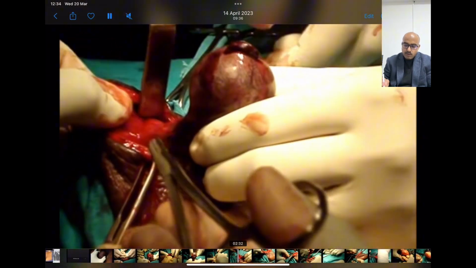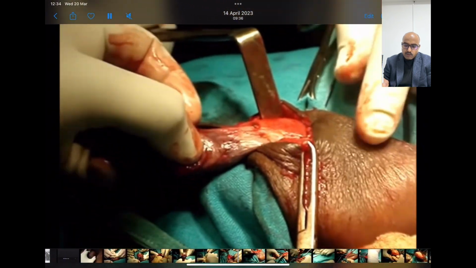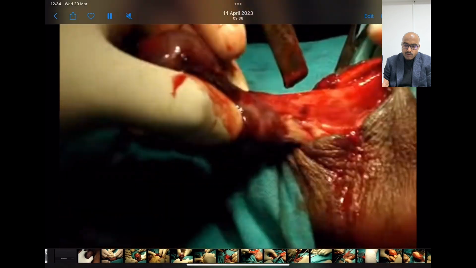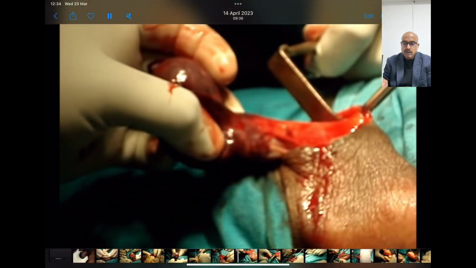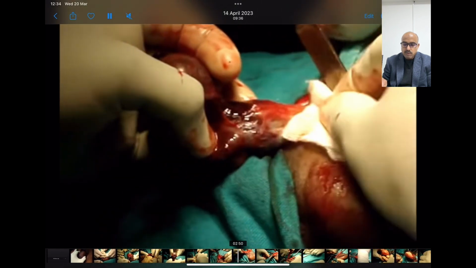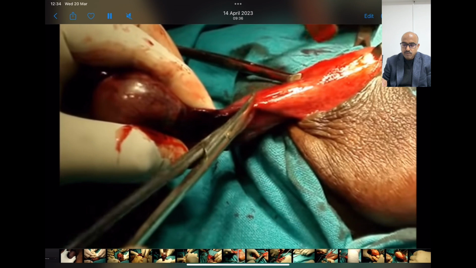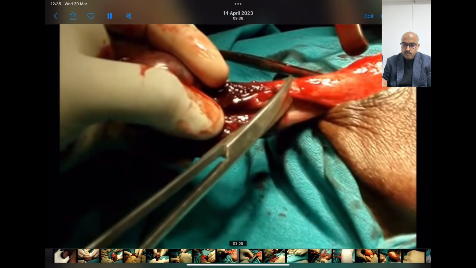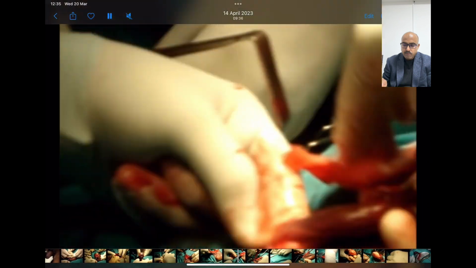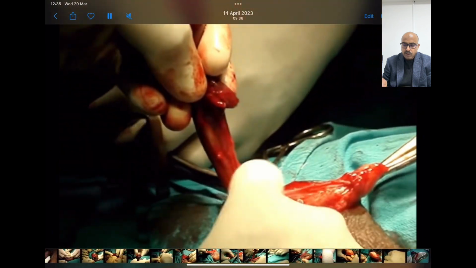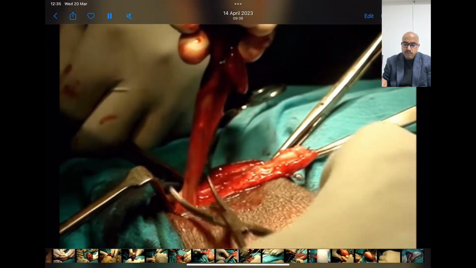Okay, and once we get that area free, then we will clamp, cut, and then ligate the vessels and the cord. So dissecting now. Dissecting. Okay. So once it's free, now we'll do a double clamping.